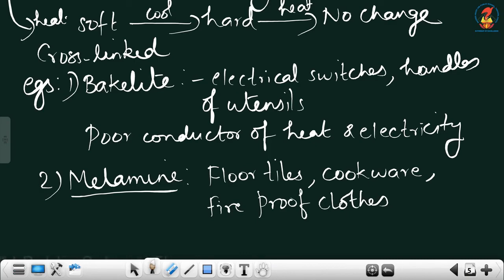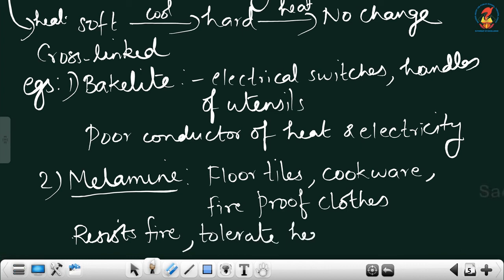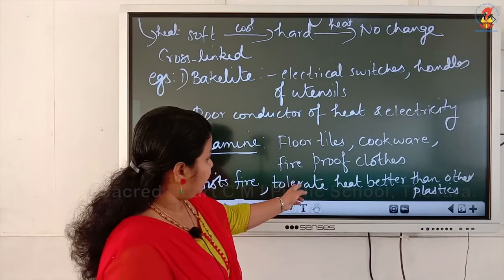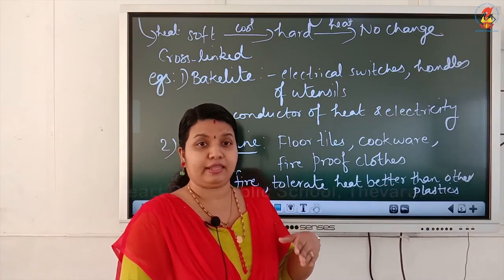So, this melamine resists fire. Melamine resists fire and tolerates heat. It can tolerate heat better than other plastics. So, melamine resists fire and also it can tolerate heat better than other plastics.